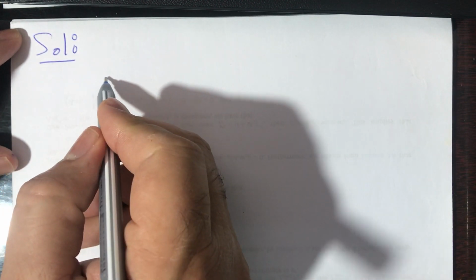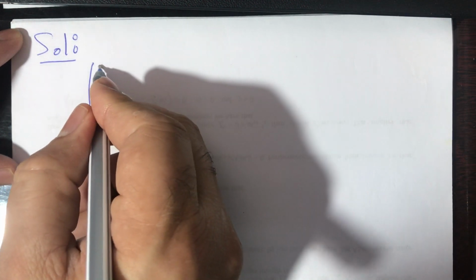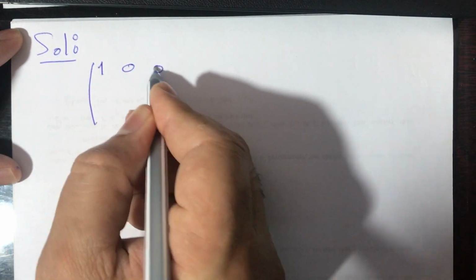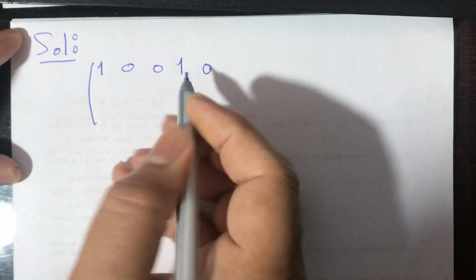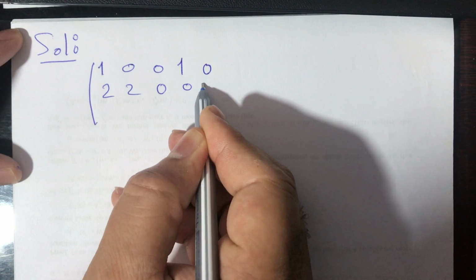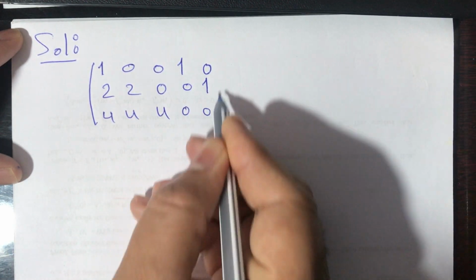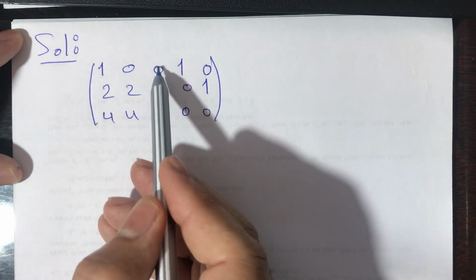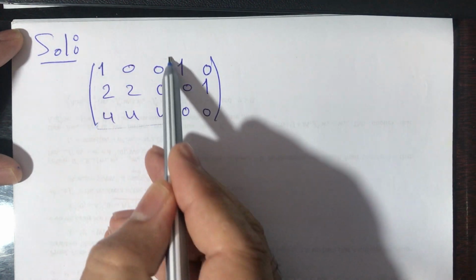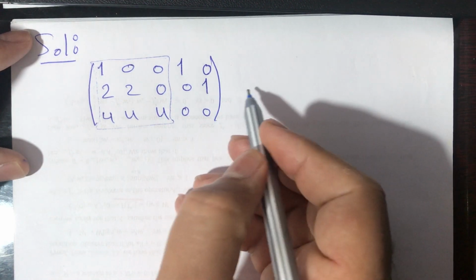The matrix has rows 1 0 0 1 0, 2 2 0 0 1, and 4 4 4 0 0. Try to make this the identity.